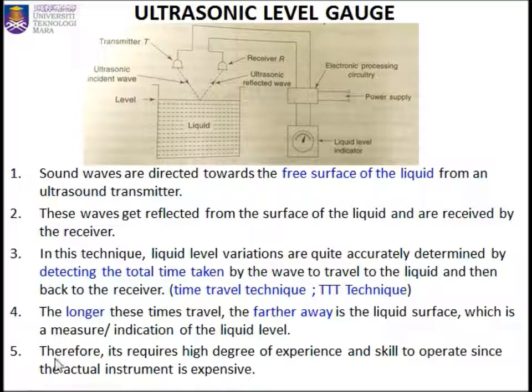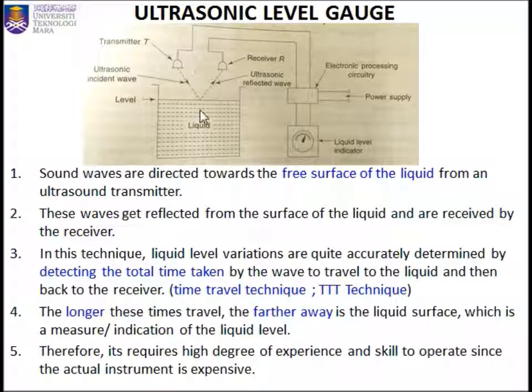Okay, so the liquid level is defined by this time of travel. The longer this time of travel, the farther away is the liquid surface. Betul? Which is a major indication of the liquid level.